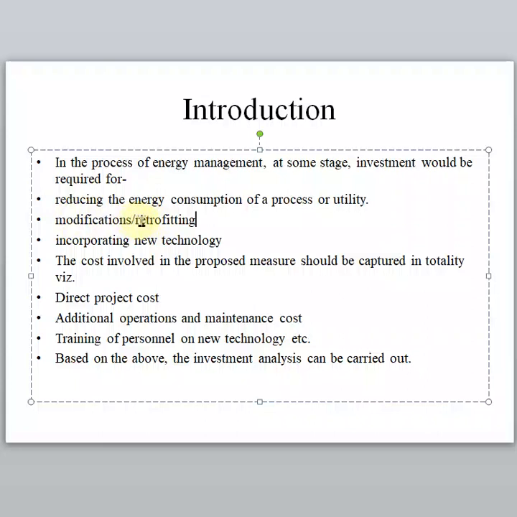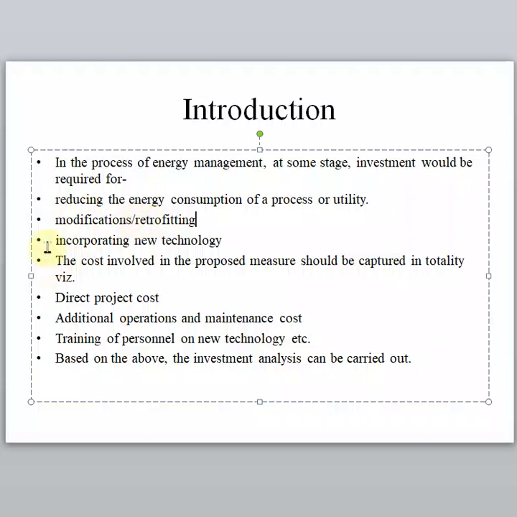In the case of industrial retrofitting, investment is required. There are multiple retrofitting investments in industries. Suppose there is equipment like a boiler or other equipment that is obsolete. Rather than purchasing new equipment, you can go for retrofitting.